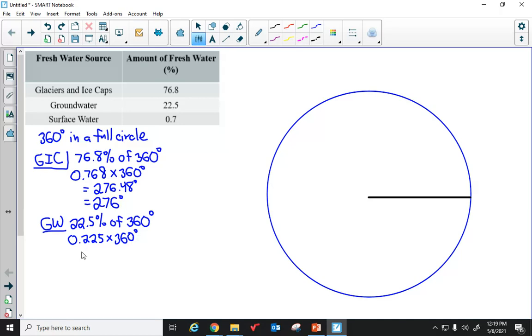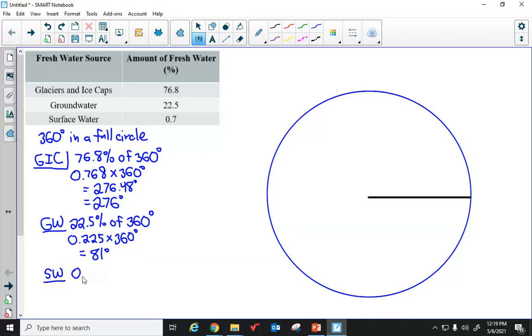And then 0.225 times 360 is going to be 81 degrees. Exactly.